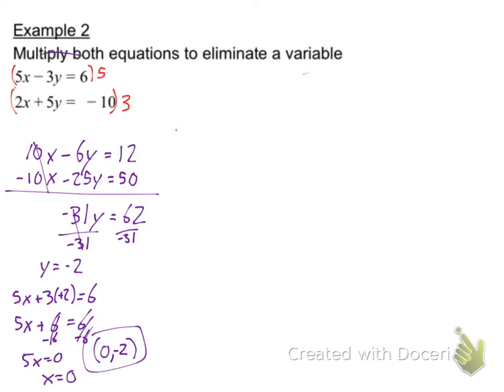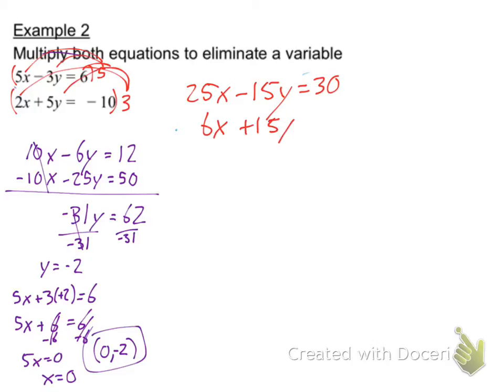So, what is 5 times 5? 25x. 5 times negative 3 is minus 15y. 5 times 6? 30. 3 times 2x is 6x. 3 times 5? 15y.